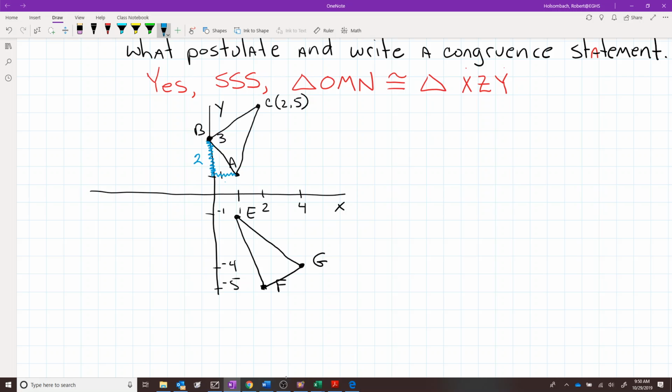So that length is 1. See it? Alright, so to find the length of this first side, you could do 2 squared plus 1 squared equals c squared. Or instead of calling that c squared, let's call it side AB squared.